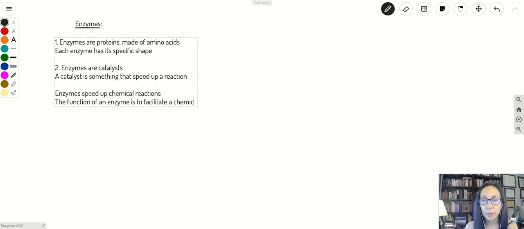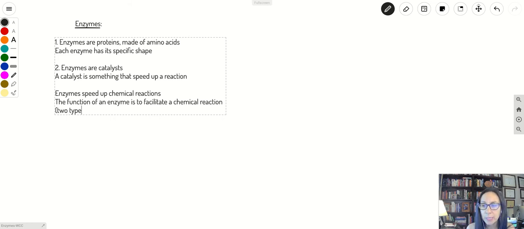a chemical reaction. Okay, and as I've mentioned in other videos, all chemical reactions can be categorized into two types. There is one type of chemical reaction where you are bringing pieces together to make a bigger molecule, or you have a bigger molecule and it gets taken apart to make smaller pieces. Okay, so I'm going to put this in parentheses.